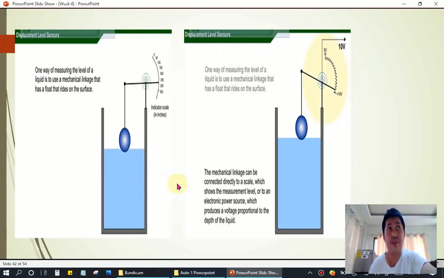Just like an example of the flushing system of your toilet. There's a float inside. When the water is increasing, the float will go up gradually, and when it is full, the float will still float on the top of the surface of the water and will close the valve of your flushing system, because there is a mechanical linkage.